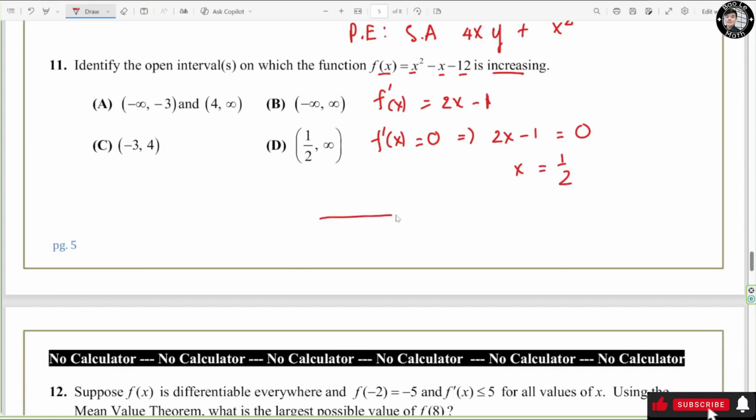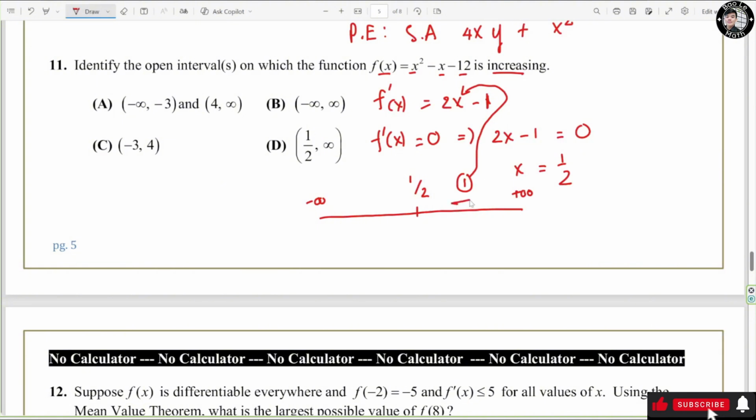Now we're going to get the sign chart. We put negative infinity right here, positive infinity right here, and 1/2 right here. We pick the number 1 and substitute it into f prime of s right here. It's going to be 2 times 1 equals 2, minus 1 is 1.